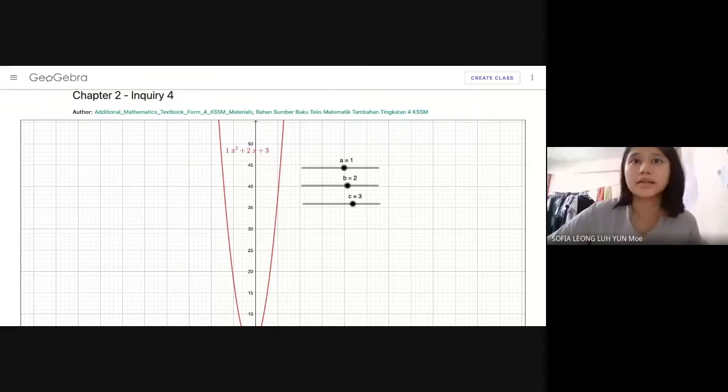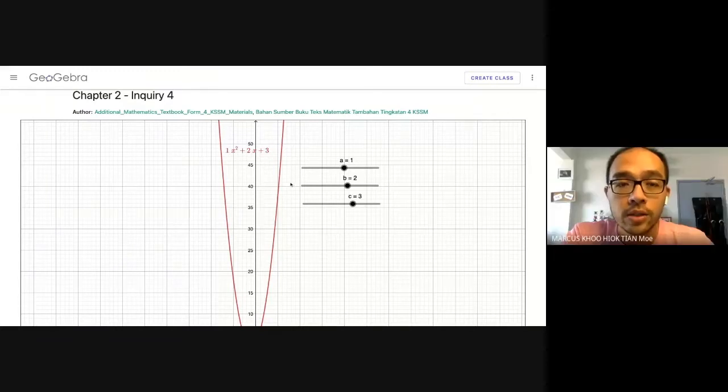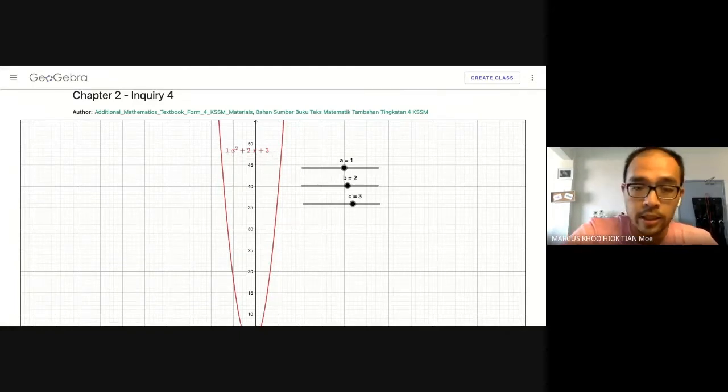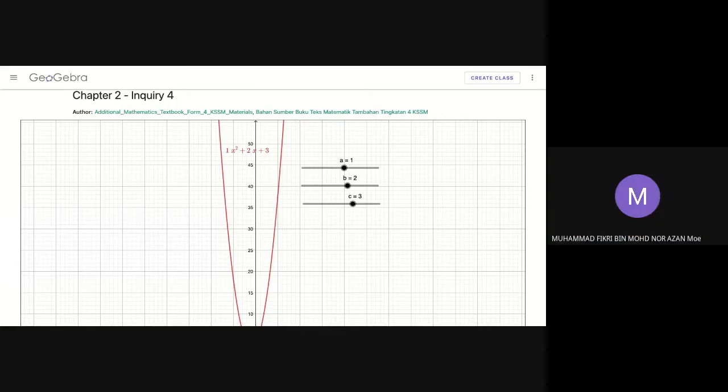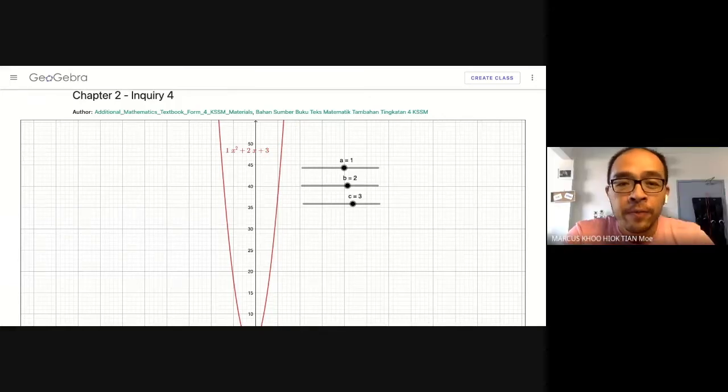Yes. Okay, thank you. So you can see this 1x squared plus 2x plus 3 bahkan. Can see? Yes, sir. Okay. So A is 1, B is 2, and C is 3.